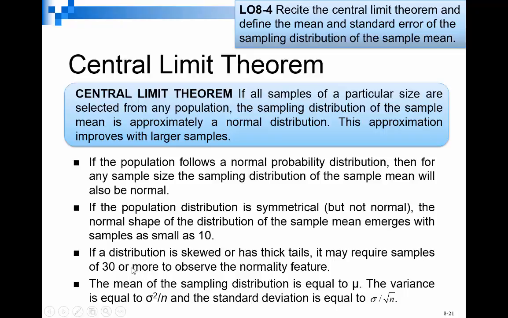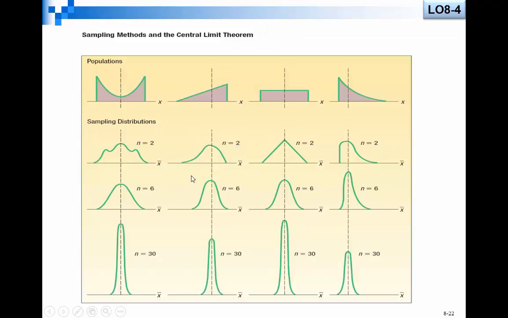Samples of 30 or more begin to observe normality. What's normality? Well, normality is the nice bell-shaped curve, right?